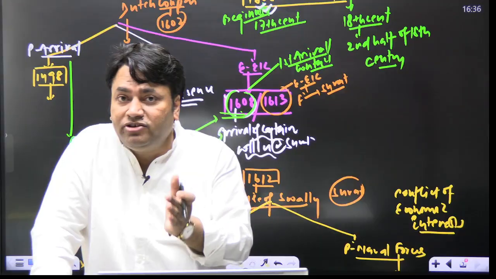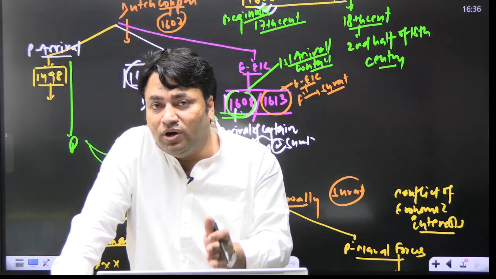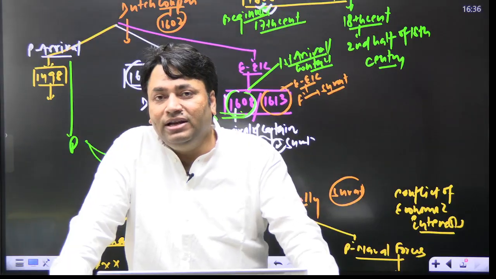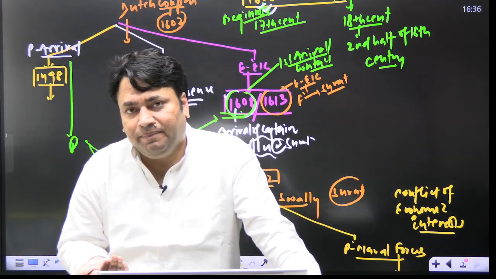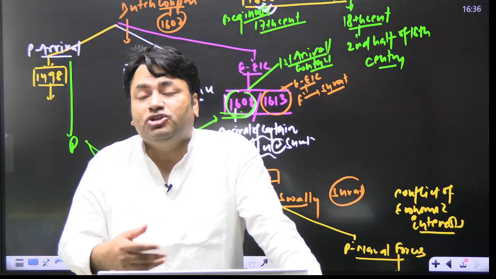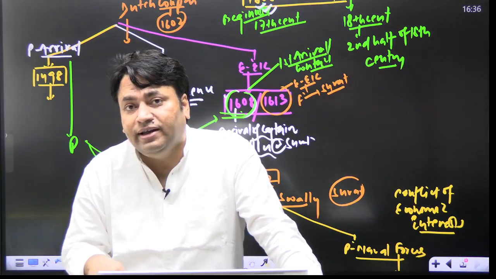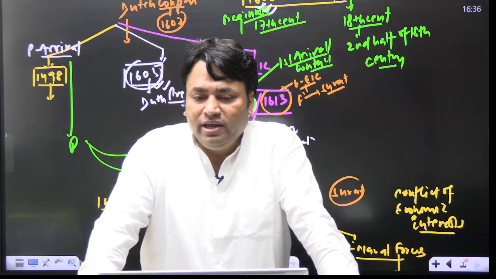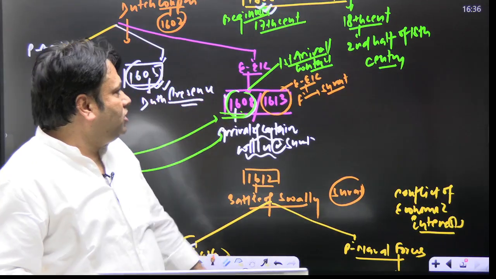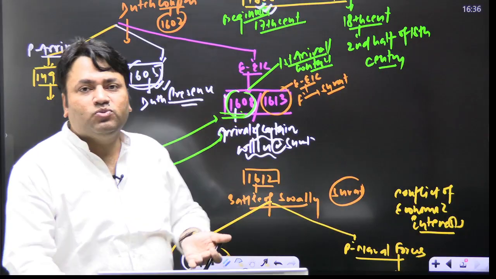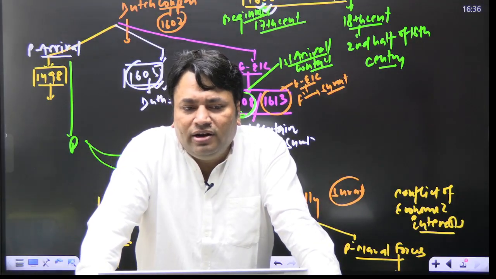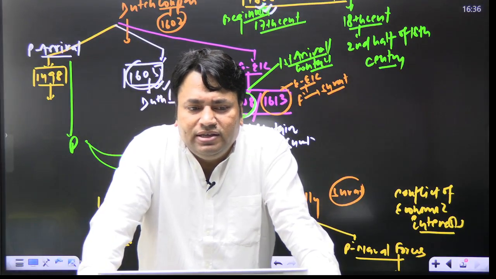Because this victory in the Battle of Swali in 1612 marked the beginning of English naval superiority in India, and as a result, this paved the way for the permanent commercial establishment of the English East India Company at Surat, and in this way the factory was established. So 1608 means first contact. 1613 means factory establishment, or you can say legal commercial recognition. That's why we are using these two words.